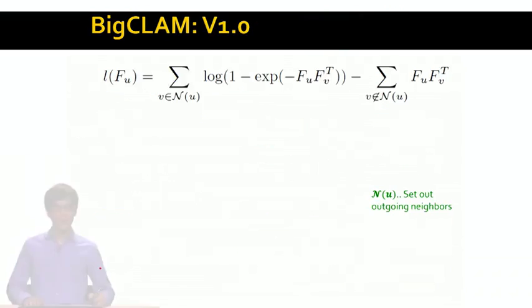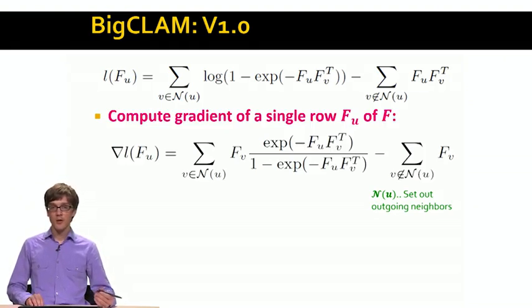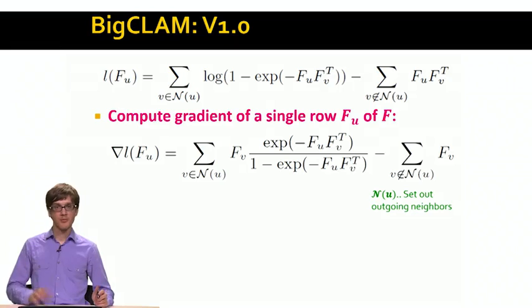Now, how do we find the matrix F that maximizes the likelihood? What we can do, similar to what we have already seen in the class, is to use optimization methods. In particular, we can think of this whole problem as a continuous optimization problem. And one of the best methods to use when solving continuous optimization problems is the notion of gradient.